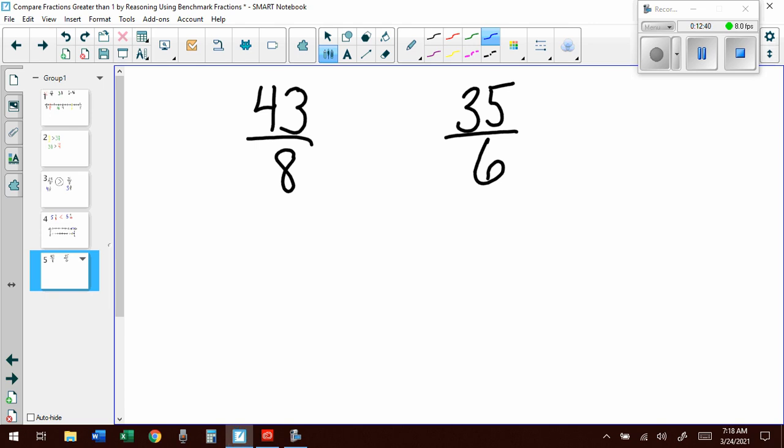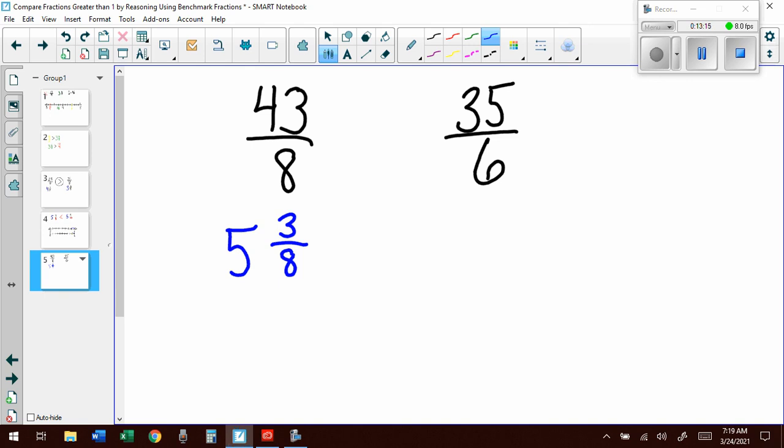So if we go with counting by eighths, 8, 16, 24, 32, 40, 48. Well, that's a problem, so we gotta go back to 40. Which gives us 5 whole pieces. And how many left over? 3/8.